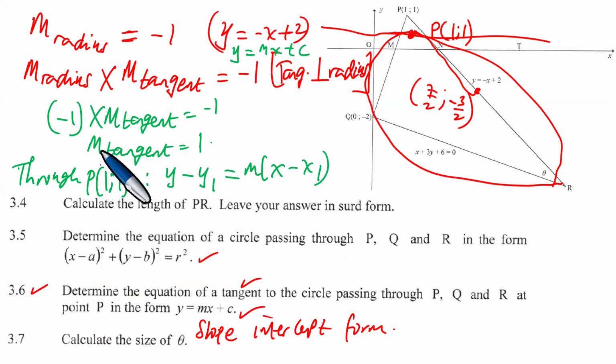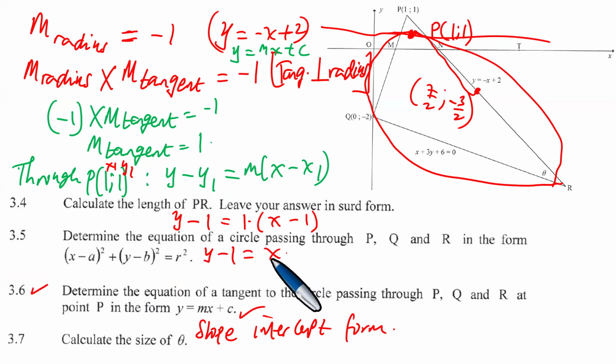Okay, we continue. x1, y1, the m is 1, x minus x1. So you have x minus 1. And then you have exactly the equation y equals x.